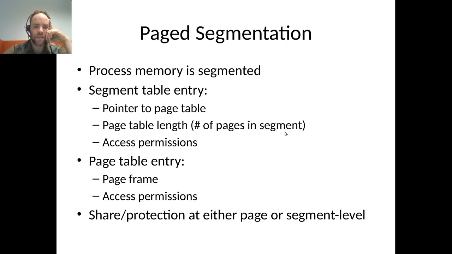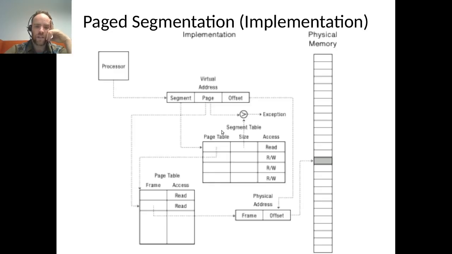We can quickly see that if we look at the implementation here, we have divided the virtual address into a segment, a page, and an offset. The segment points into the segment table, which gives us a page table. So we have a whole page table under that segment pointer. Then we take the page number from that virtual address and point to the frame in physical memory. So we can see there are two levels of a hierarchy.